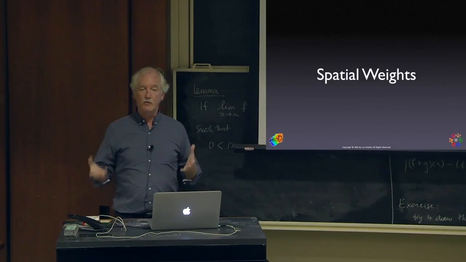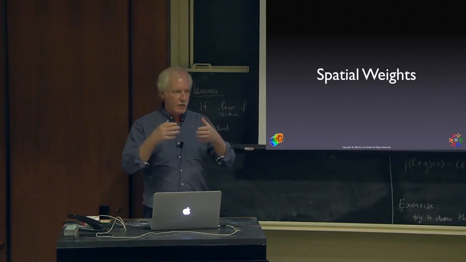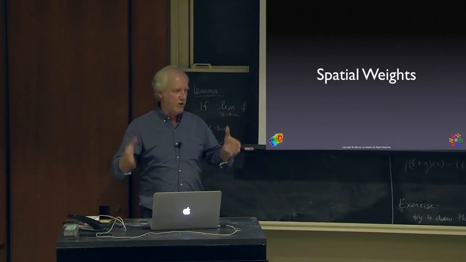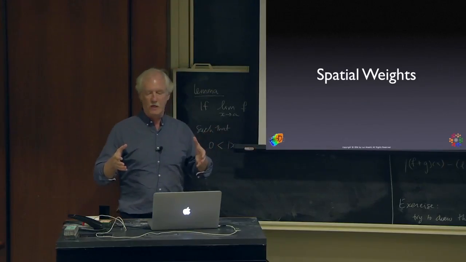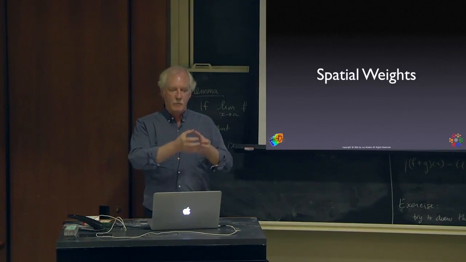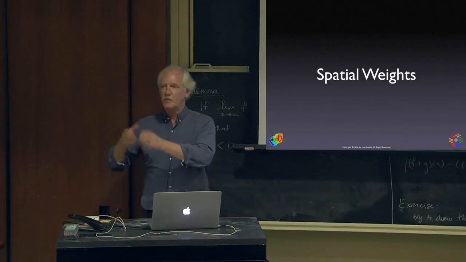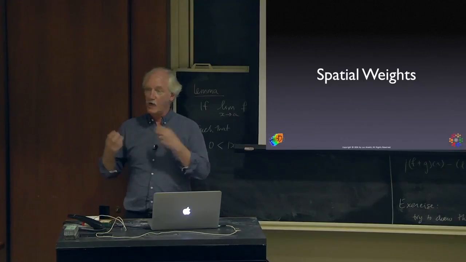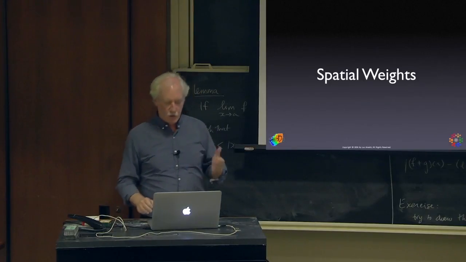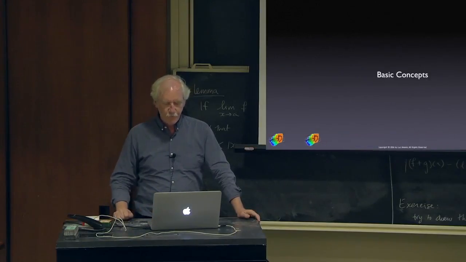And the way we're going to do that is we have our data, and we know where our data are on the map. Very important. We have the location of the data. And so we'll construct something that measures the attribute similarity, and we'll combine that with something that measures the locational similarity. And so that is the spatial weights.